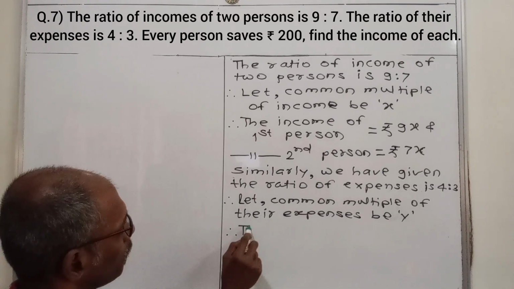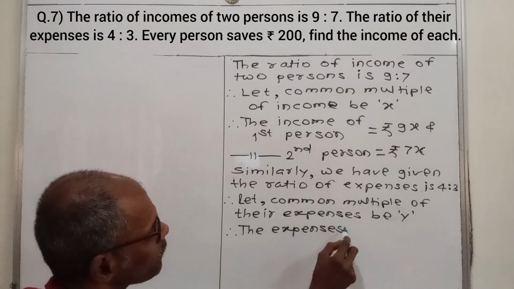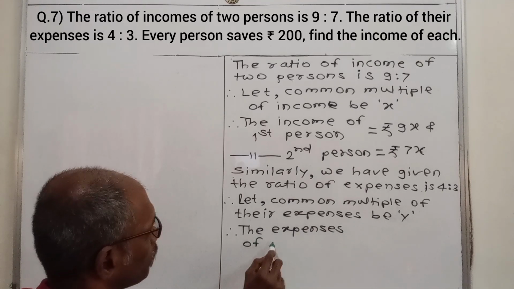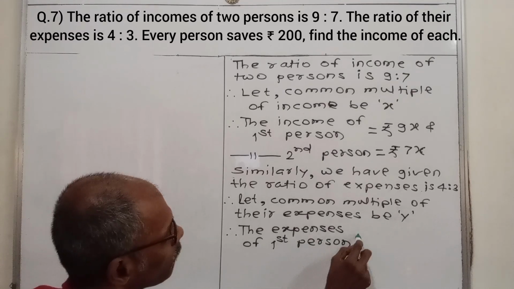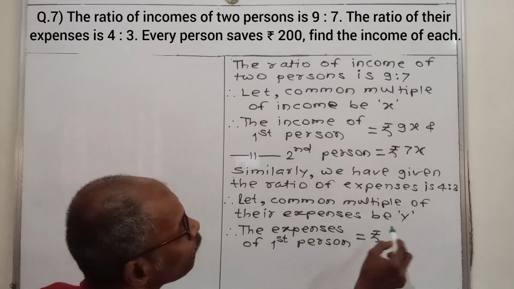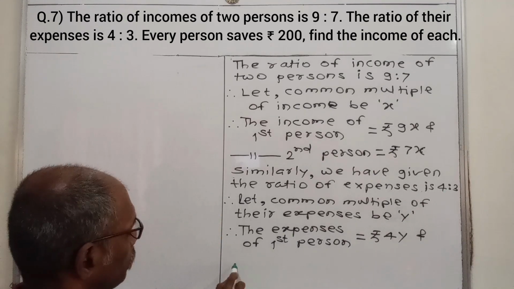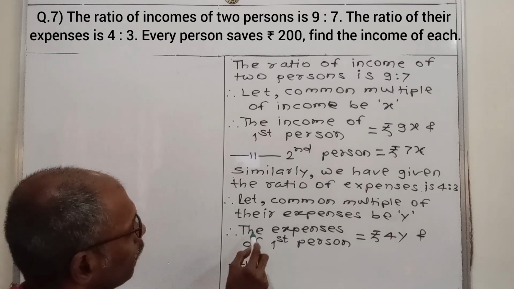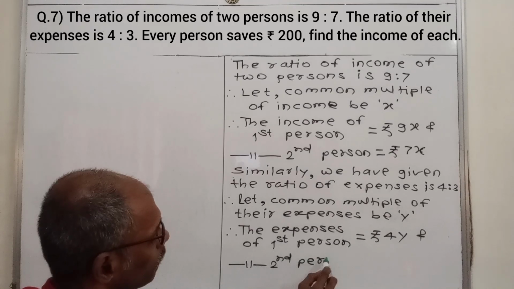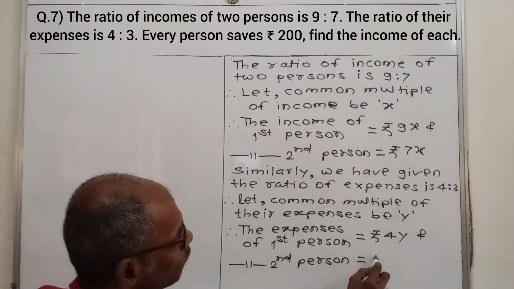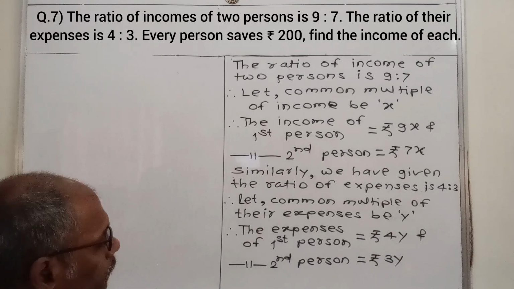Therefore, the expenses of first person is equal to rupees 4y, and ditto the expenses of second person is equal to rupees 3y. Did you get it? Yes.